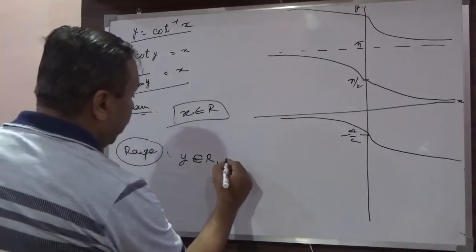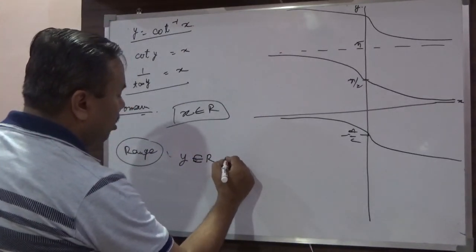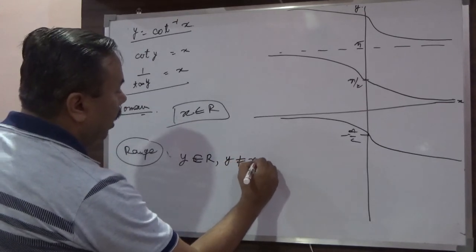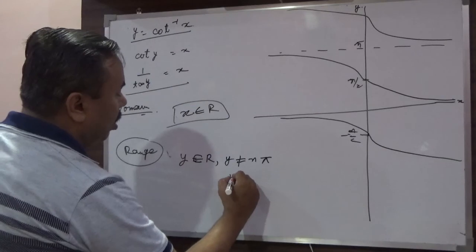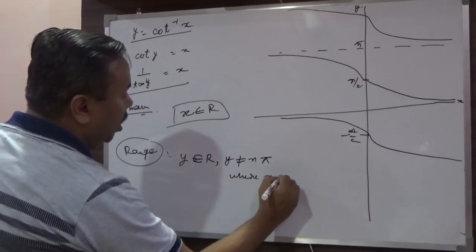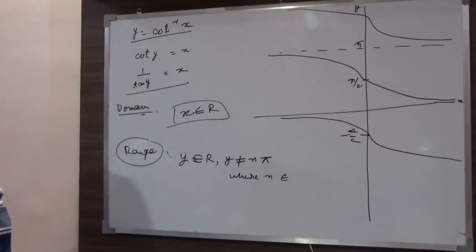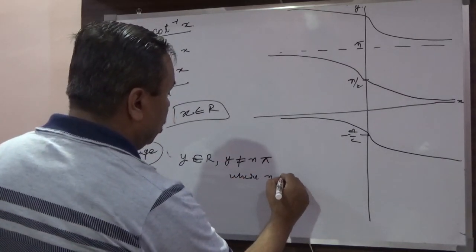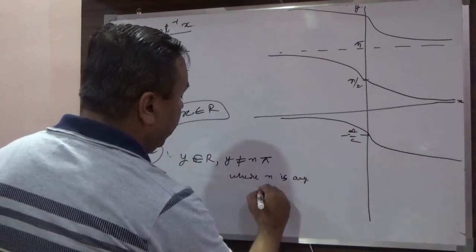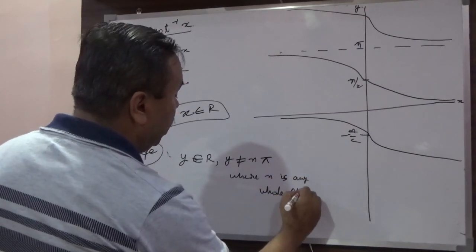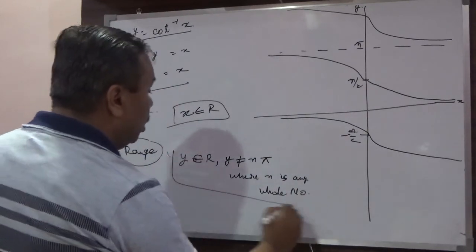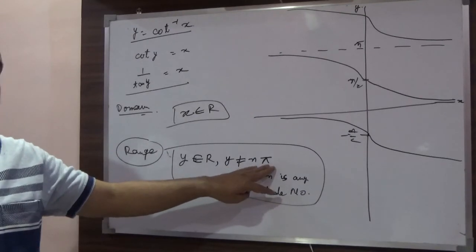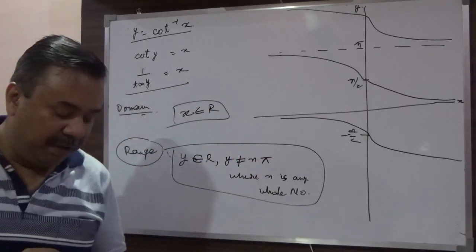So I can say y is not equal to n pi, where n is any whole number, it can be 0 also. I should not say it is only natural number. Y should not be this thing, then this value will be defined.